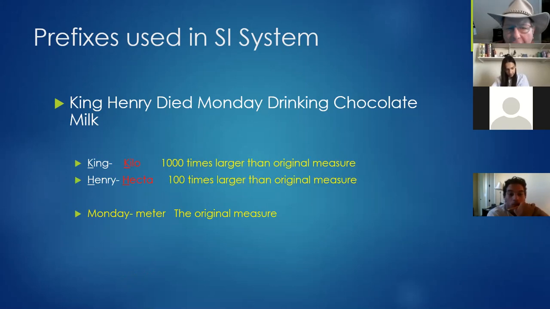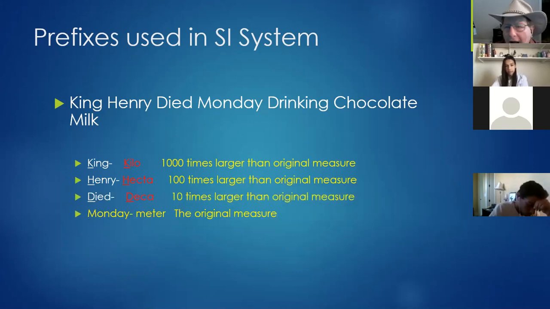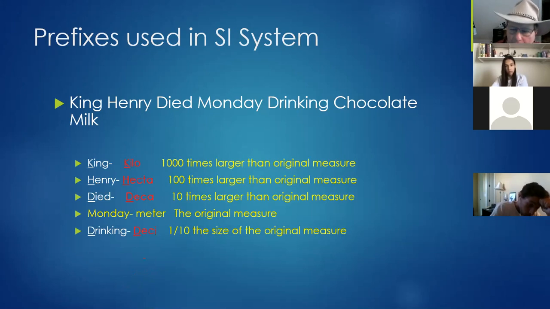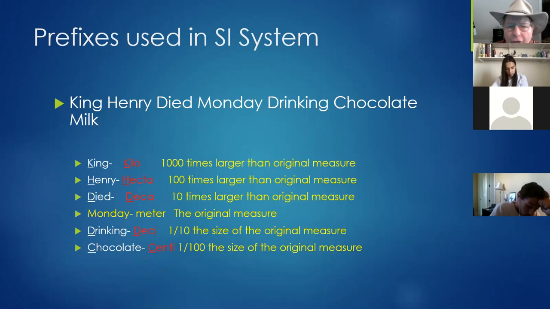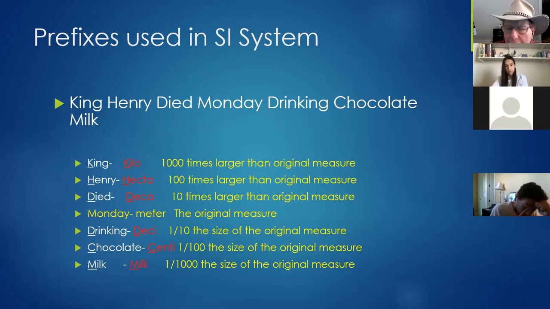Henry stands for hecto, 100 times larger than the original measure. Deca, 10 times larger. If we go into a deci, that's 1/10 of the original measure. A centi, or chocolate, is 1/100th, and milk, milli, is 1/1000th of the original measure.